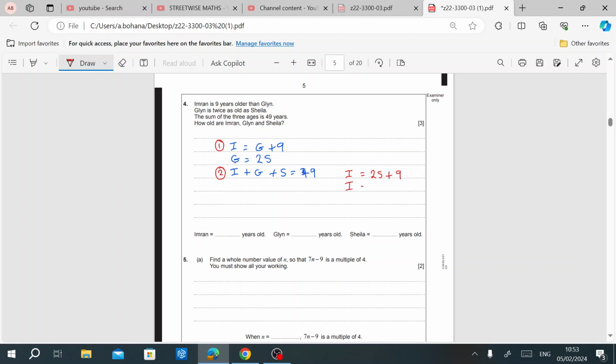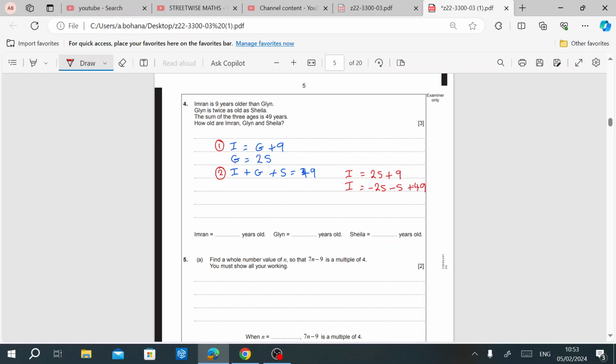So I is equal to, and then I'm just going to rearrange all of these now. But instead of G, I'm going to use 2S again. So it's going to be minus 2S, if I take it across to the other side, minus S plus 49.